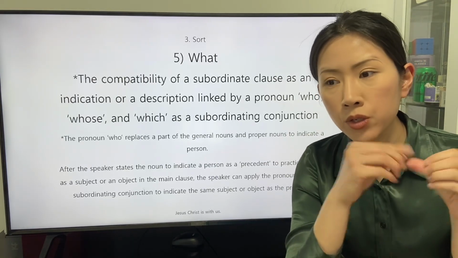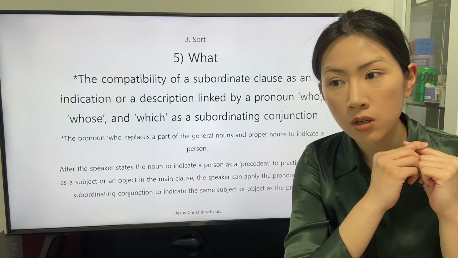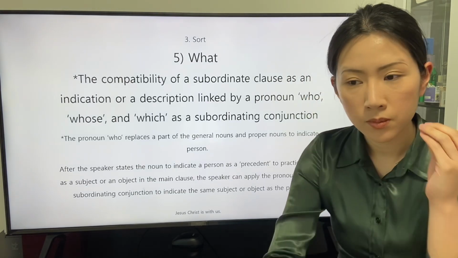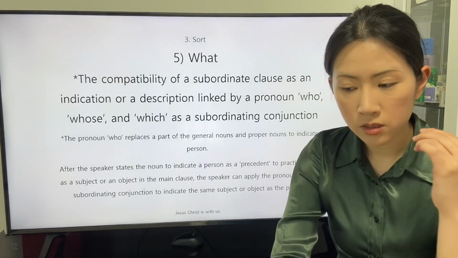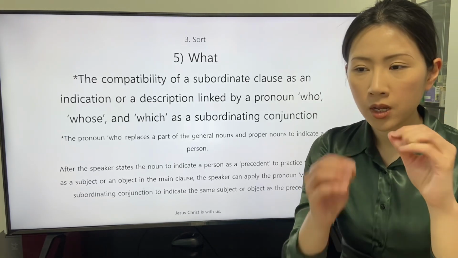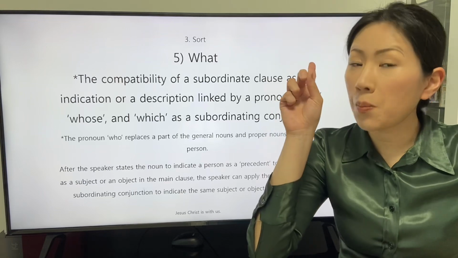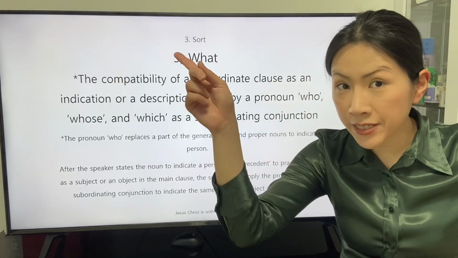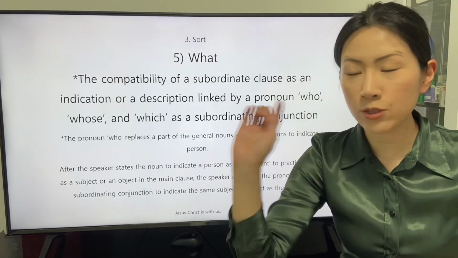The pronoun who, whose, or which is applied as a subordinating conjunction to link the subordinate clause as an indication or a description.